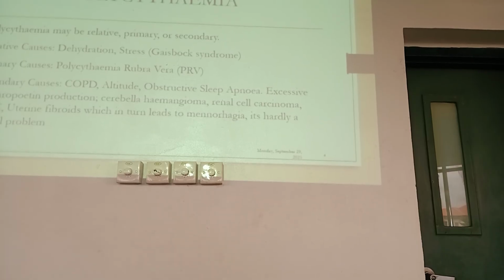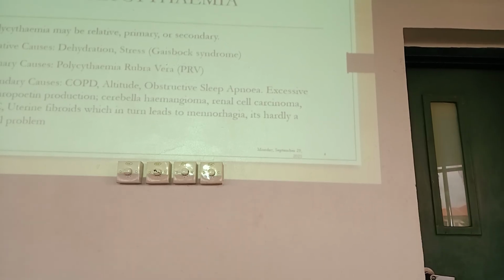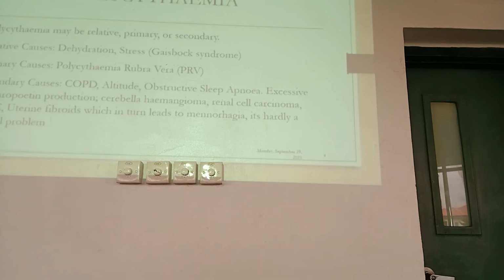For example, high altitude, because the higher you go, the lower the oxygen concentration, and that is why people born and brought up in mountainous areas, like Kenya, Tanzania, East Africans, or Jos, have a higher PCV than people living in Lagos, at sea level.